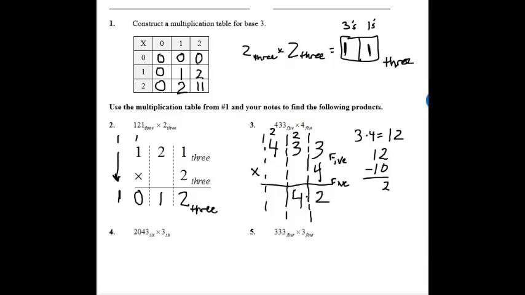How many times does 5 go into 18? 3 times. And what's left over, we'll subtract off 15, and there's 3 left over. Finally, we just drop the 3 down, and that's our answer.